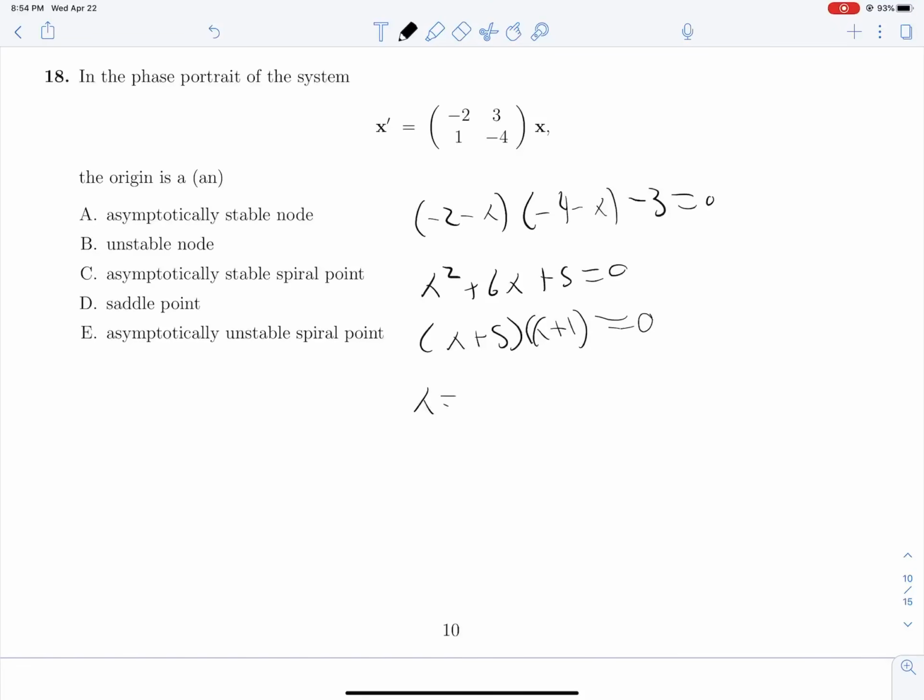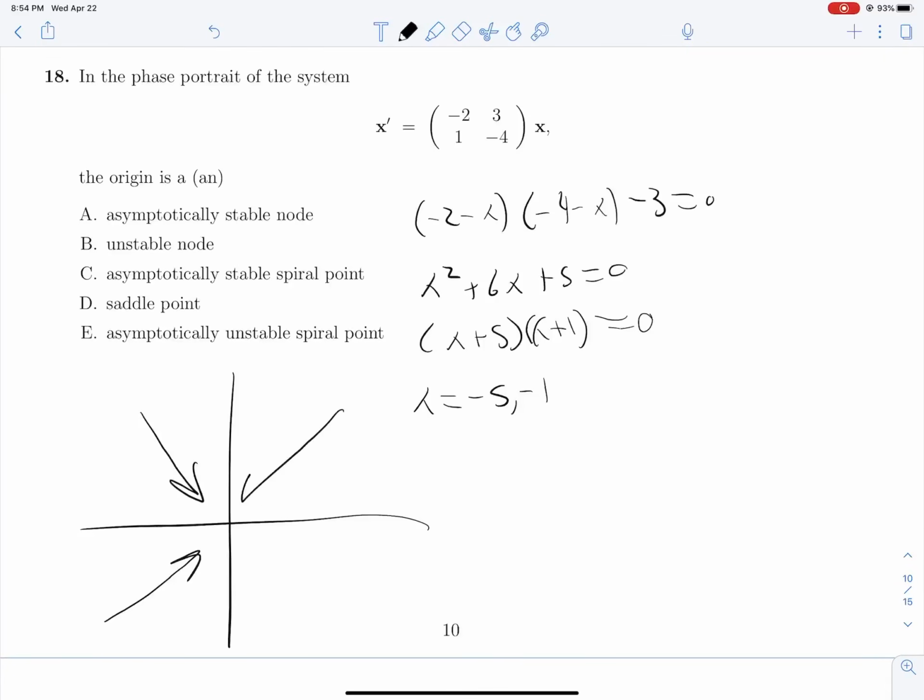Because lambda is equal to -5 and -1, those are our eigenvalues. We have two negative eigenvalues. What that means, and we saw it earlier in one of those other questions, is that our solutions will radially flow in to 0 as t approaches infinity.